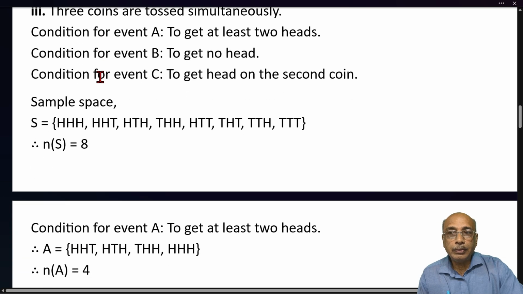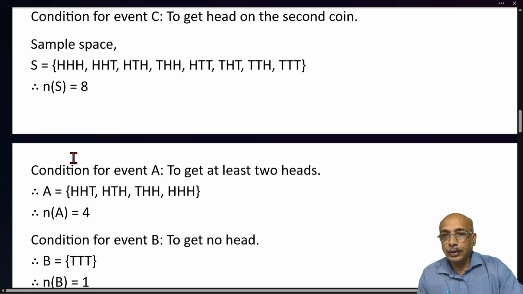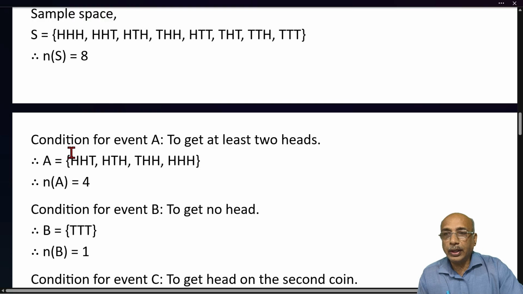Next problem. 3 coins are tossed simultaneously. Here the sample space will be worked out according to the conditions. All 3 are head. First 2 are head, tail is at the end.